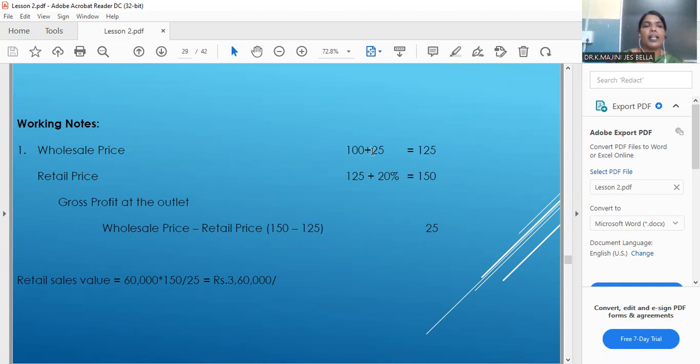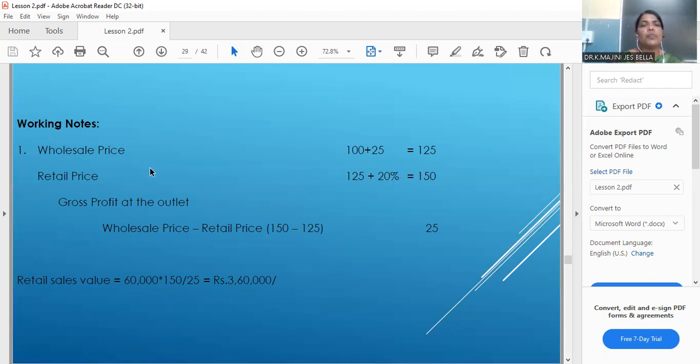If it is retail price, we should add 20% to 125. Okay, 125 plus 20%, that is 150.